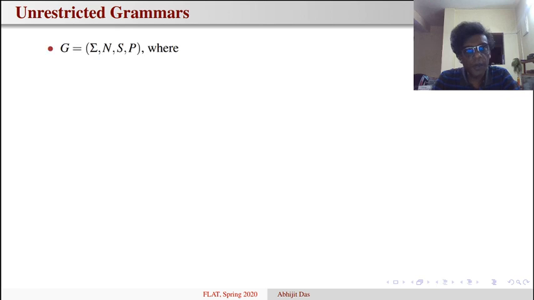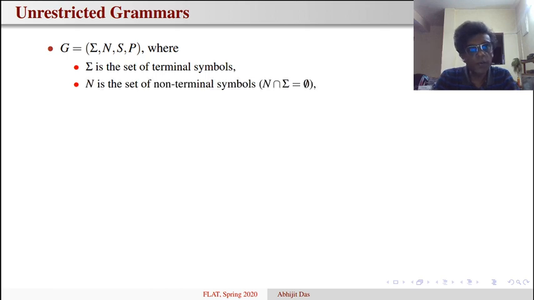Like context-free grammars, it's a 4-tuple (Sigma, N, S, P), where these individual things are as follows. Sigma is the set of all terminal symbols. N is the set of all non-terminal symbols, and of course we assume there is no symbol common to Sigma and N. So N intersection Sigma is empty.